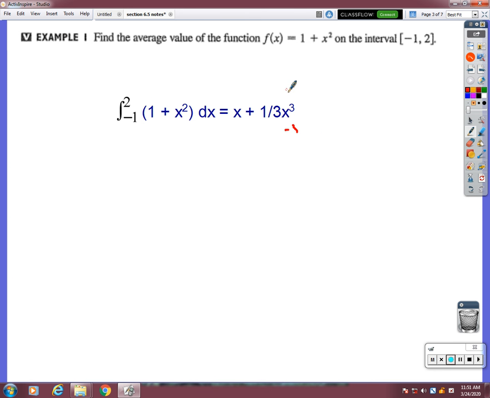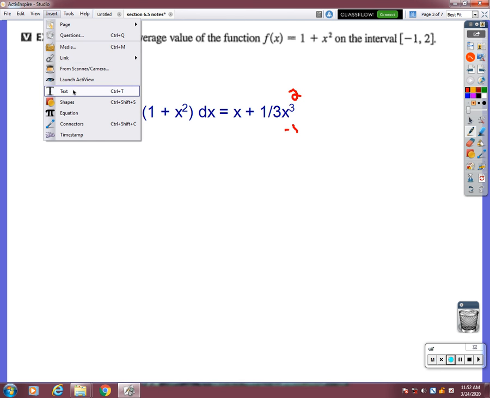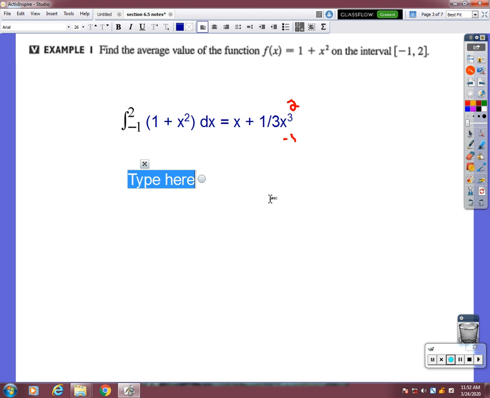Okay, so if I plug in 2, then that would give me 2 plus 1/3 times 8.